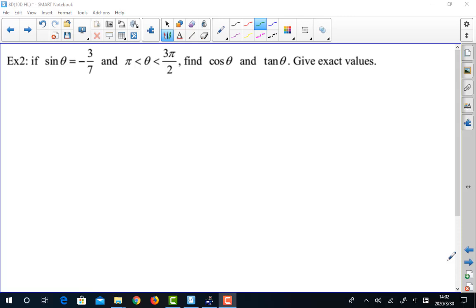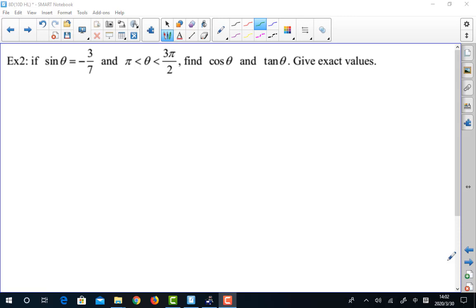We do have another two problems, example 2 and example 3. In both of these problems, we are given one trig ratio, then we need to find the other two trig ratios. They're exactly the same as question number 1. However, I'm not planning to apply both methods to solve each problem.